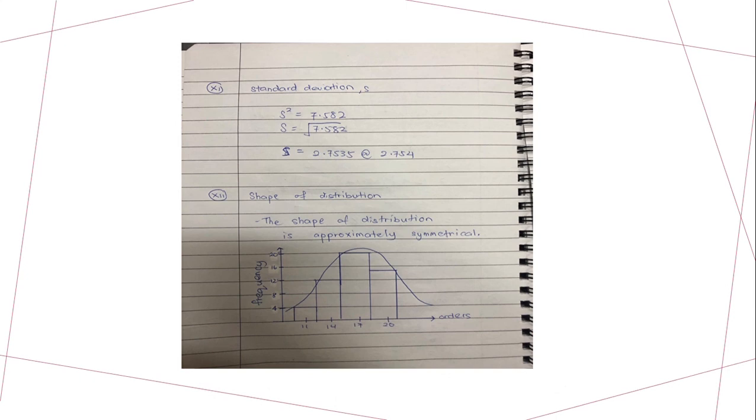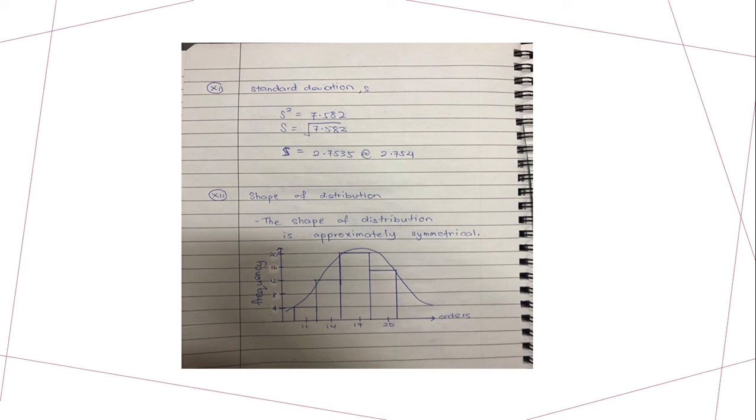I'm going to present about the shape of distribution. First and foremost, we need to sort out the data from the table we had created. Next, we need to create a graph from the table given. And then we need to label the axes: y-axis as frequency and x-axis as number of orders.